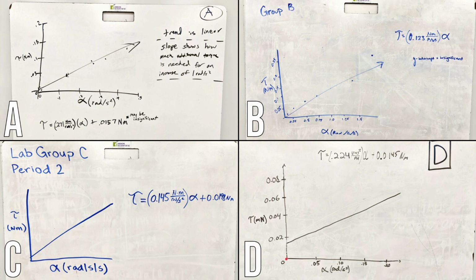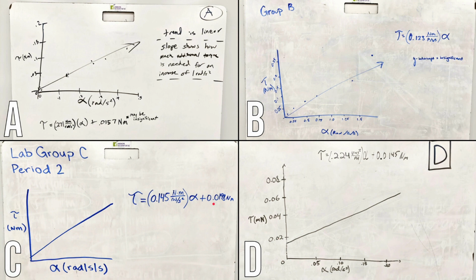So let's say in order to get an angular acceleration a little bit bigger than 0, a y-intercept suggests you have to apply, just to get a little angular acceleration, at least almost 0.02 Newton meters of torque. Or for group C, you'd have to apply a little bit more than about 0.02 Newton meters of torque in order to get a very, very small angular acceleration.